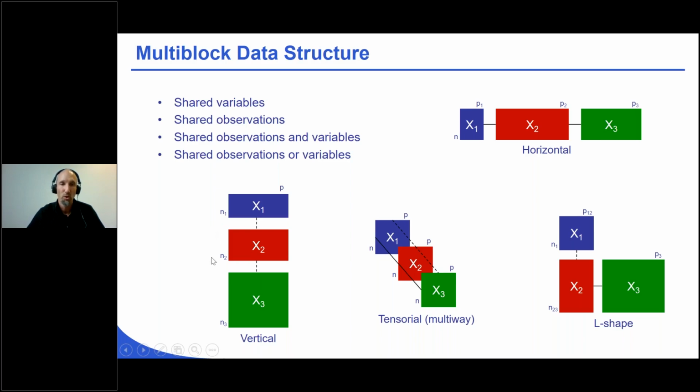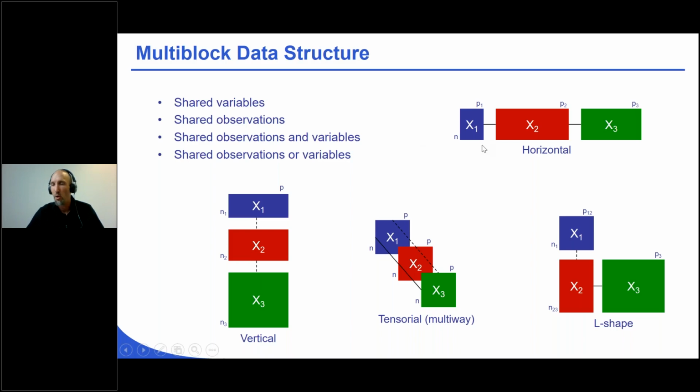So the only way to connect the data matrices is through the mode of the variables, and this is actually called a vertical multibloc data structure. And there are algorithms, methods that are designed to account for the fact that the same variables were collected for different subsets of samples, observations, and you can build a model that will take these links into account.